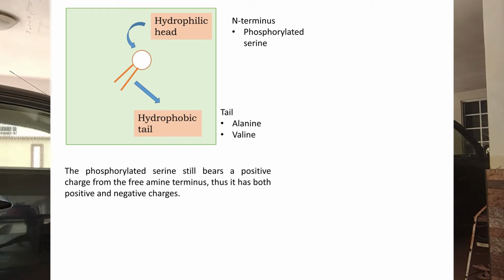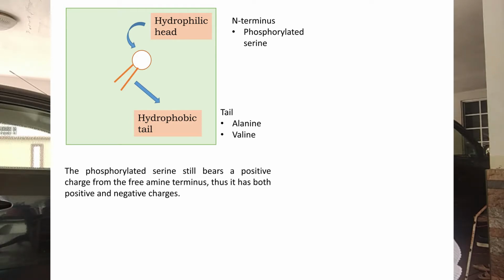The phosphorylated serine at the end terminus still bears a positive charge from the free amine terminus. Thus, it has both positive and negative charge, somewhat like the phosphatidylcholine found in the cellular membrane.